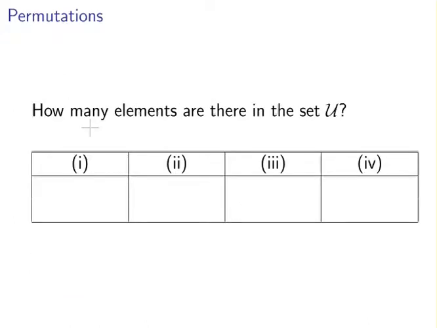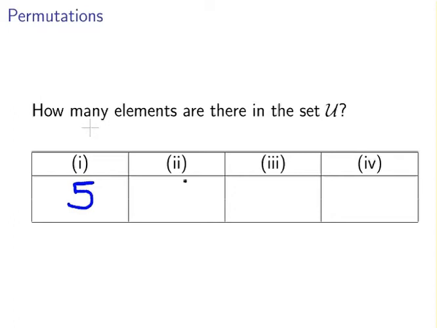So I have four phases here that I'm representing with Roman numerals 1, 2, 3, and 4. So these are our phases. This first phase describes the selection of the first letter for the code, and we have 5 letters to choose from: A, B, C, D, and E. So we have 5 options there, so we're going to write 5 there.